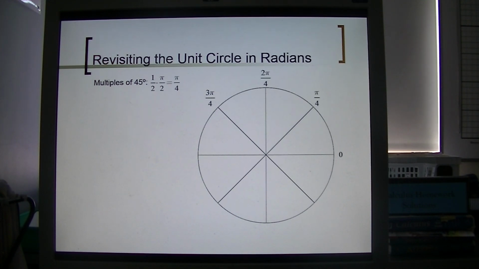Hopefully we have 4 pi over 4 and 5 pi over 4 and 6 pi over 4 and 7 pi over 4 and 8 pi over 4.